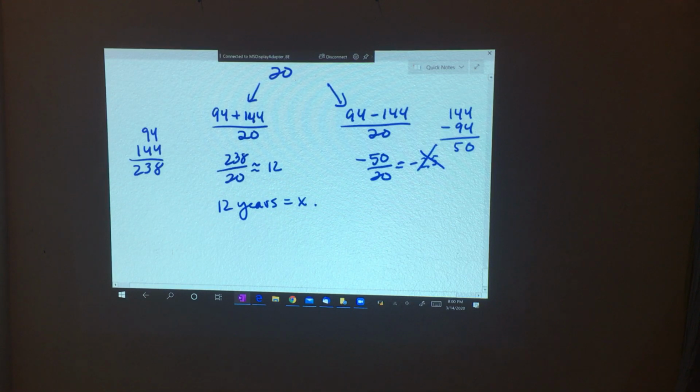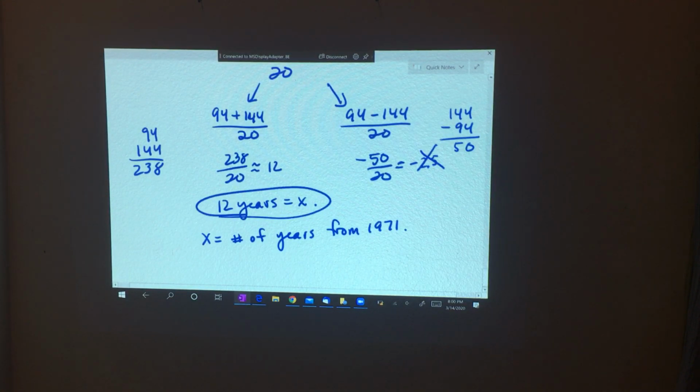But is that the question? The question is, in what year was 4,200 films produced? Well, my formula tells me X is the number of years from 1971. 12 years, that doesn't tell me what year it is, that tells me the number of years.